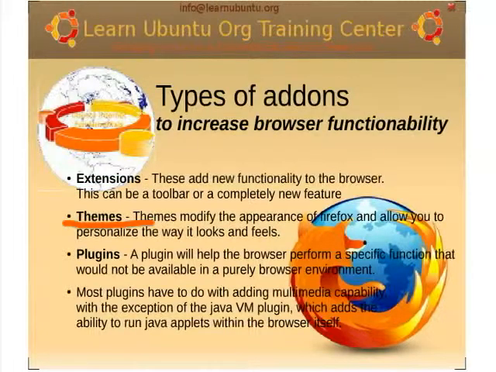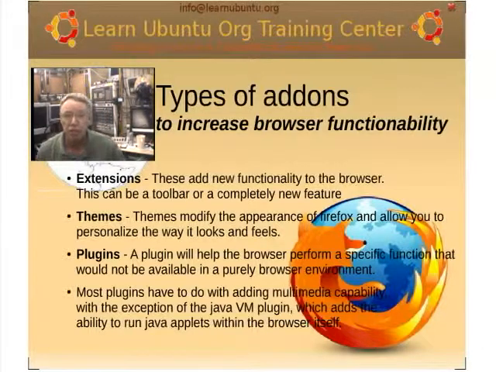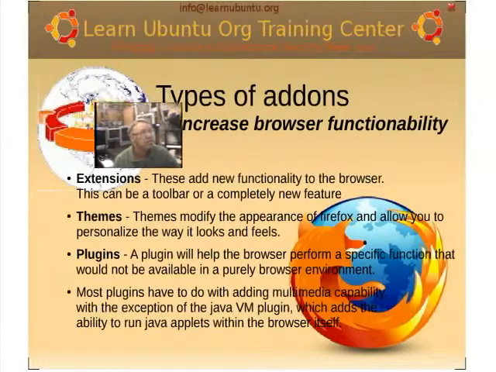Themes are for the appearance of the browser, which you can tailor pretty much any way you like. Plugins, which we're concentrating on in this chapter, the Java Runtime plugin as well as the Flash Player plugin, can be very important. Most of the plugins today have to do with multimedia. The browser has become such a heavy-duty multimedia player, we just can't ignore it.